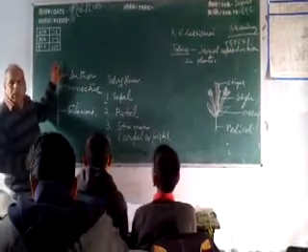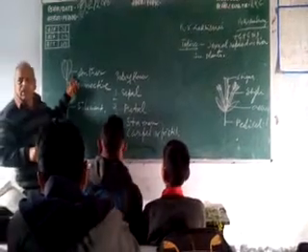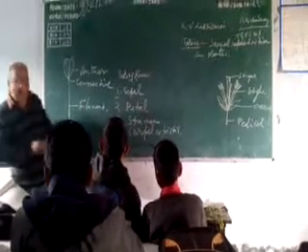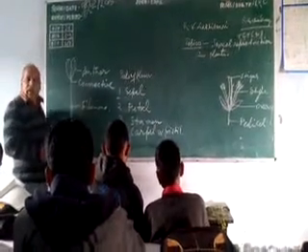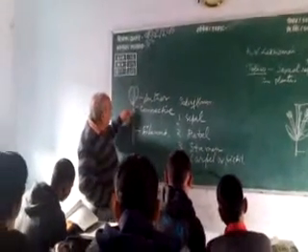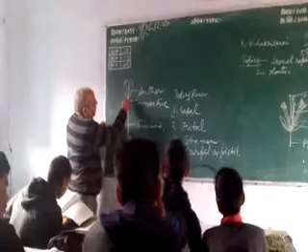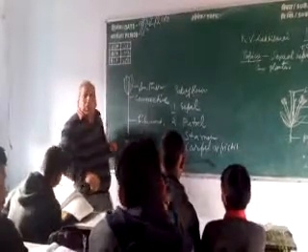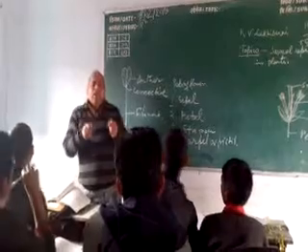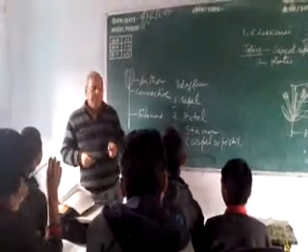The outer swollen portion is the anther, and this is the stalk, S-T-A-L-K. The stalk is also known as the filament. And where the anther and the stalk join, this portion is known as connective. This point connects anther to the filament. So this is the connective.